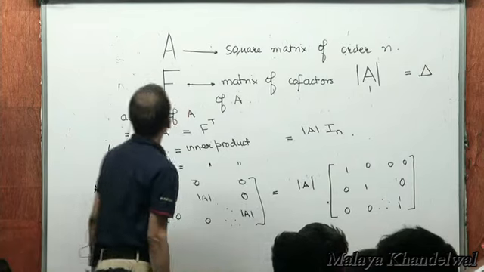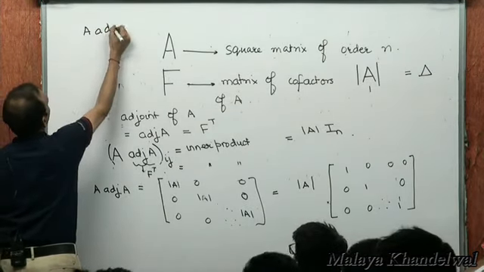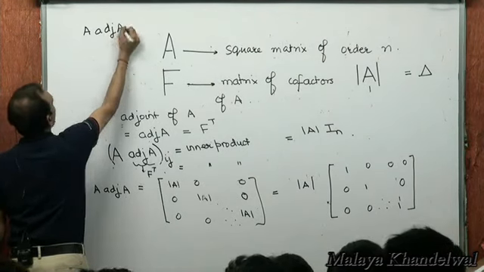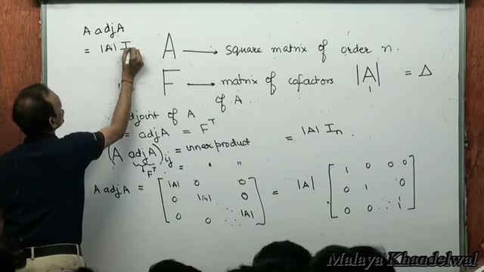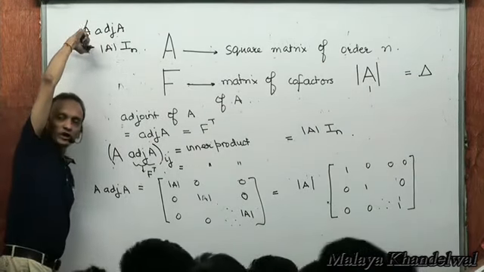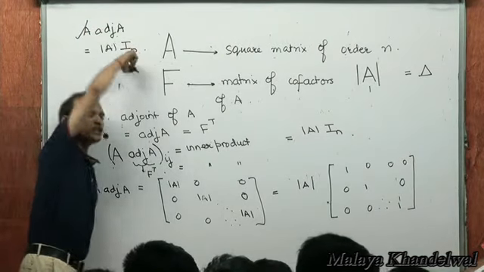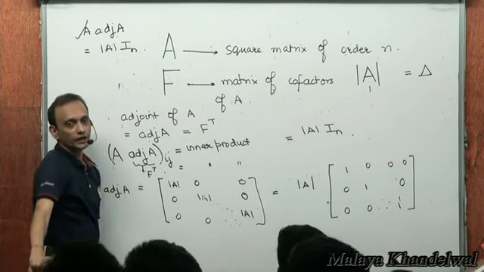So A adjoint A, a very important and very commonly used result, is going to be determinant A into the unit matrix of the same order as A. A is a matrix of order n, I_N is a unit matrix of order n.